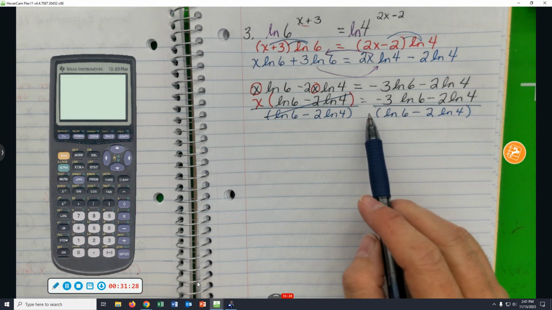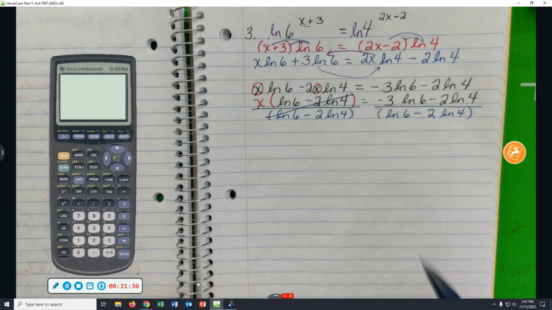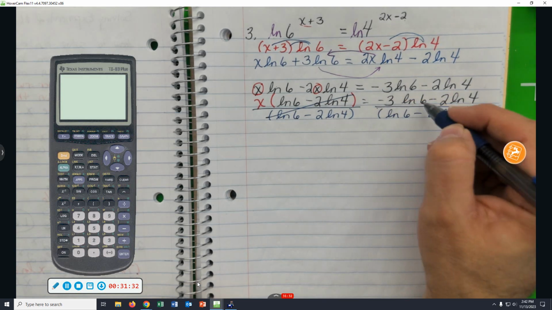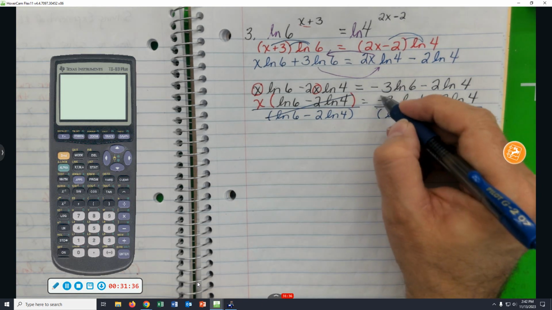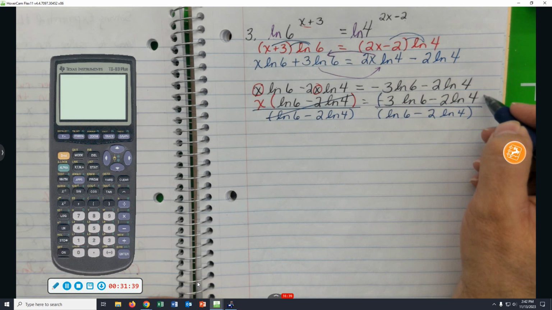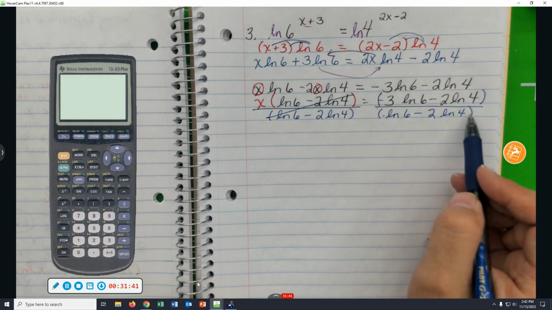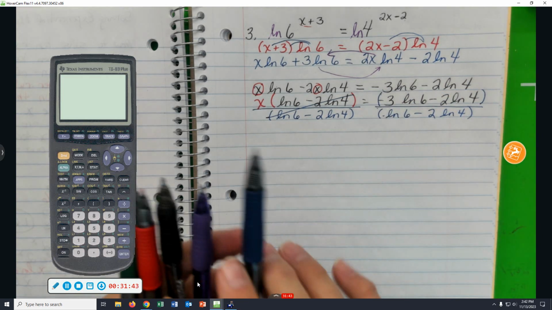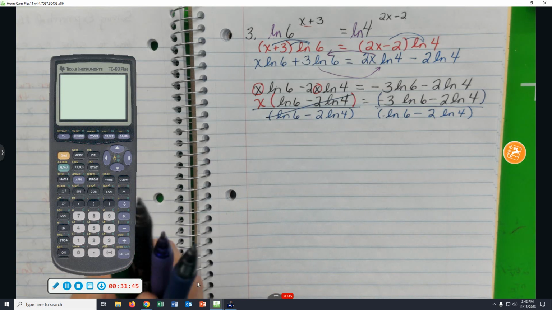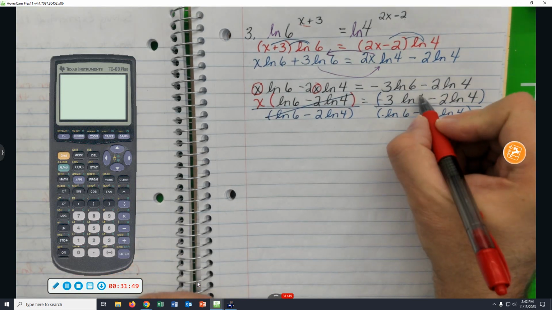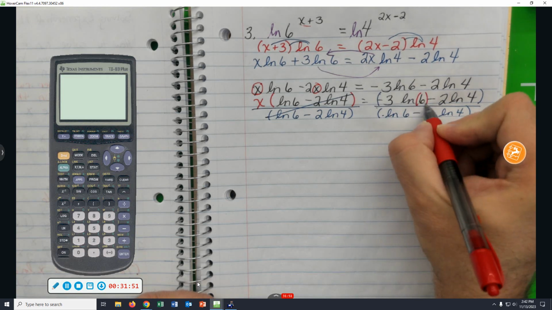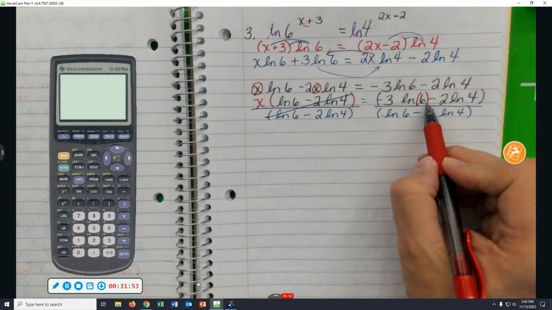Now, if there's more than one number on top, and I see 4 up here, it needs to be in parentheses. I already have the bottom in parentheses. When I hit this ln, it opens the parentheses. I've got to close it around that 6. If you don't close it right here, you're going to get a wrong answer.